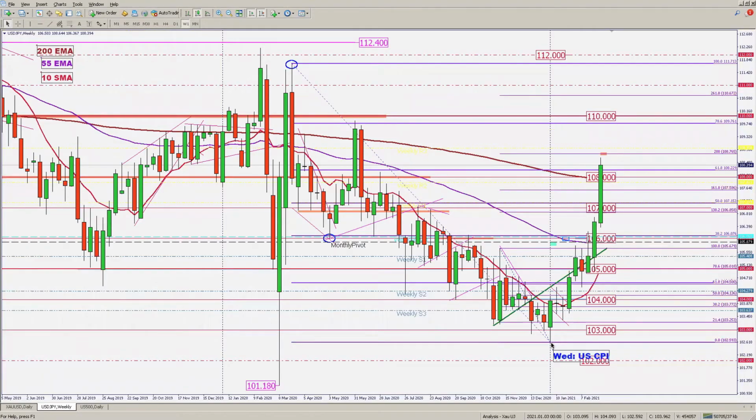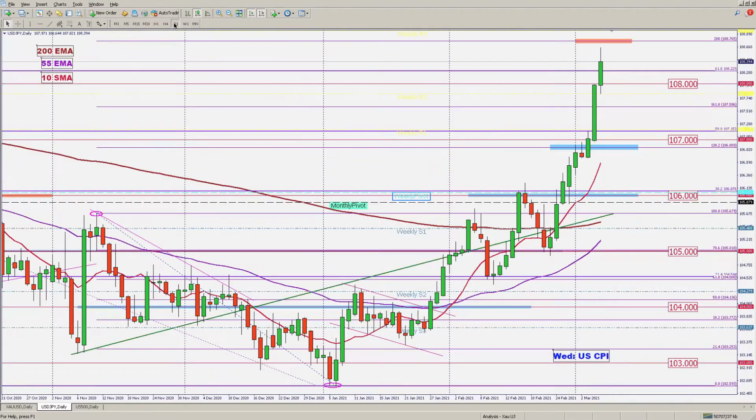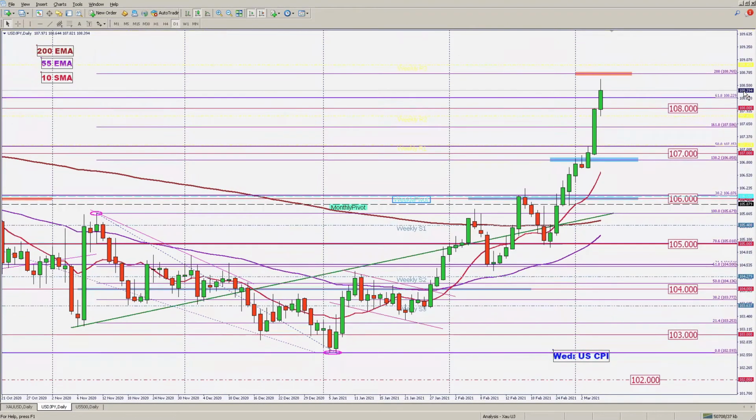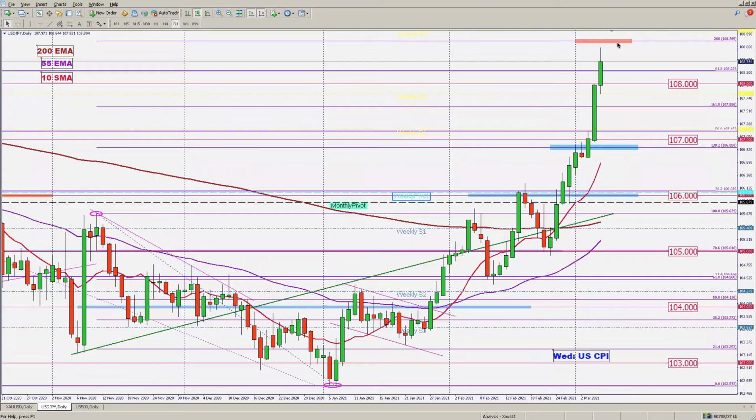With this reversal here, it's heading towards the 200 extension, which is not too far away, 108.76, which is just up here.